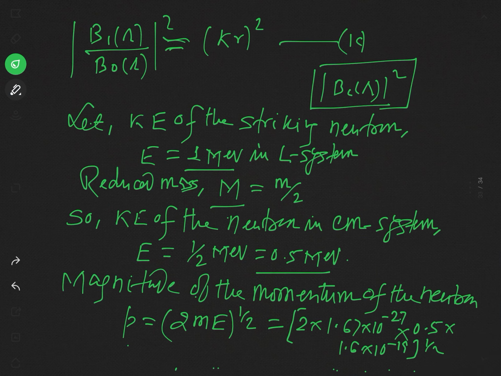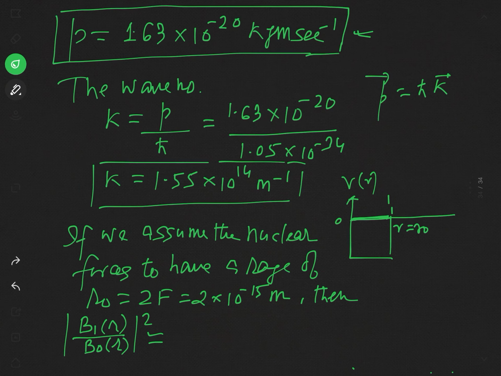We have calculated above that this ratio is equal to the square of Kr, and so in the range of nuclear force, this will be almost equal to (K R naught) squared.